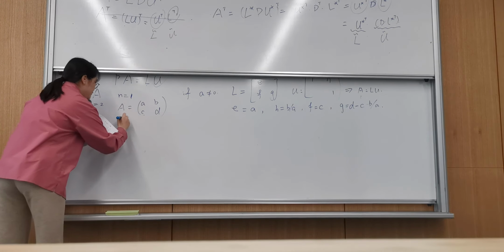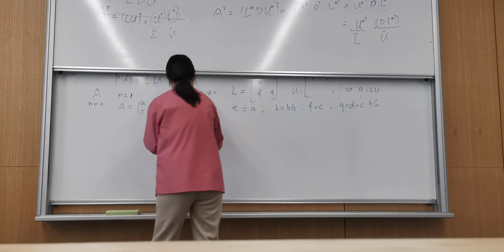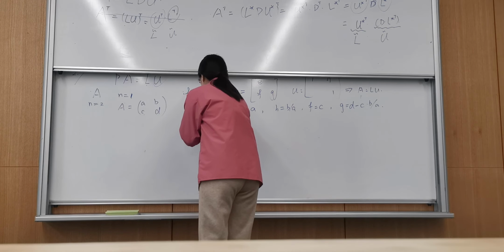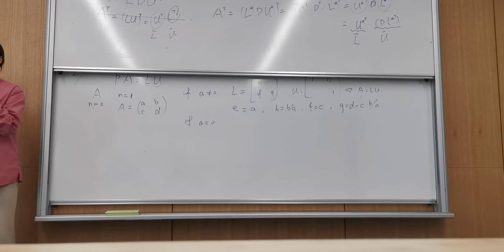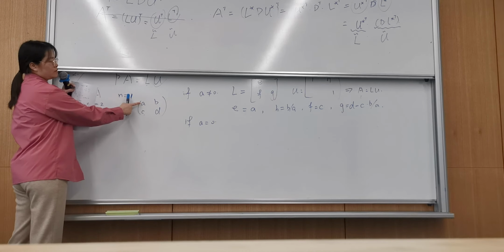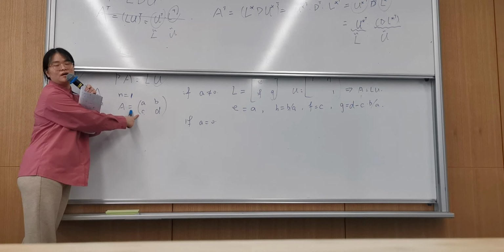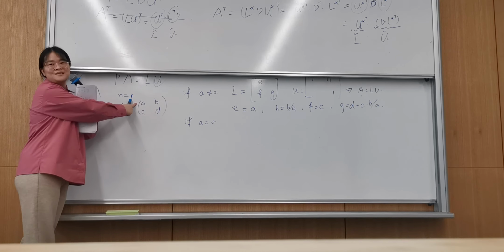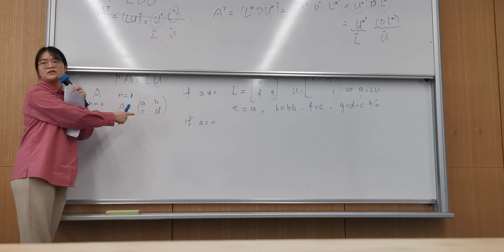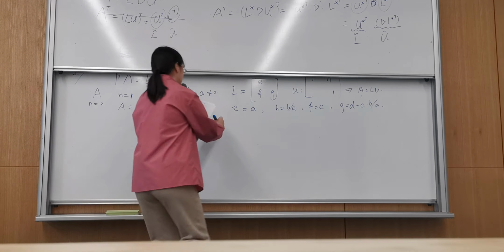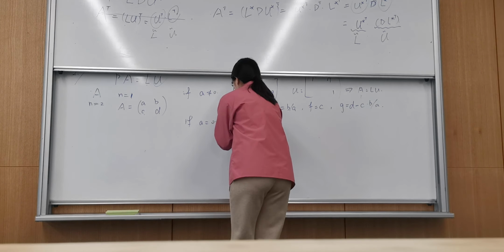If A is equal to 0, since we have the assumption in the problem that matrix A is non-singular, C is not equal to 0 for sure. Otherwise, the matrix is singular. So we know C is non-zero.